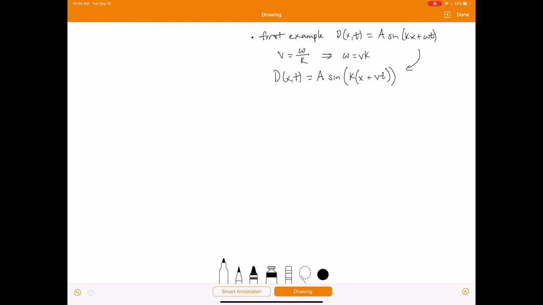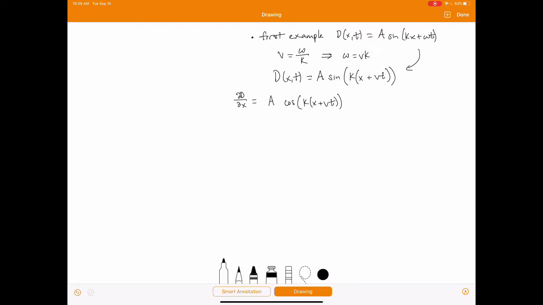If I take the first derivative with respect to position, what do we get? I have a constant A out front. When I take the derivative of the sine function, I get cosine. Then I'll have k times x plus vt.